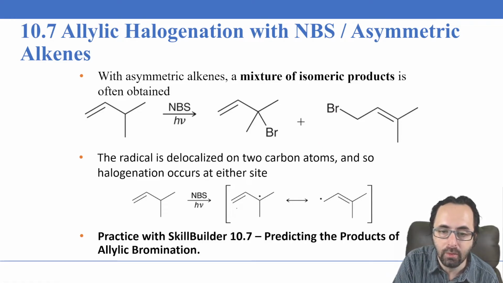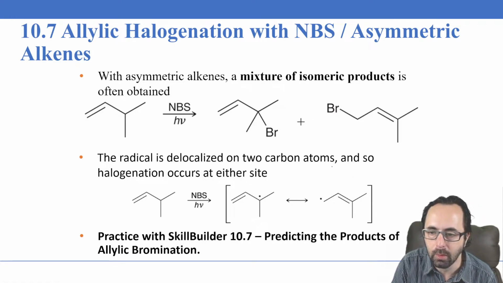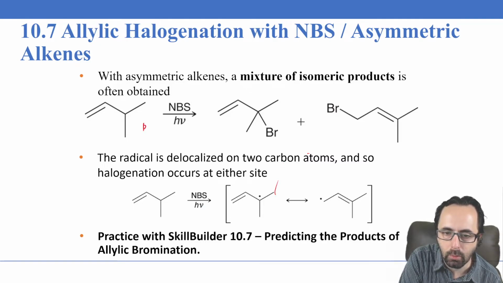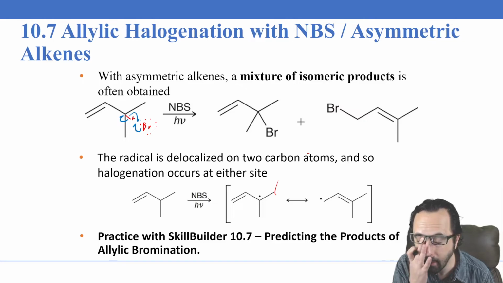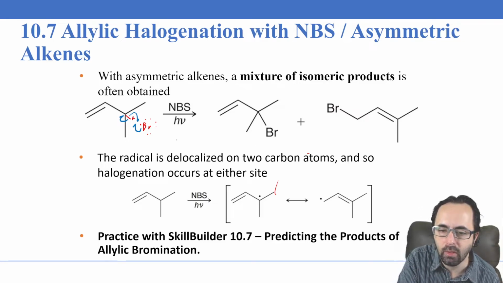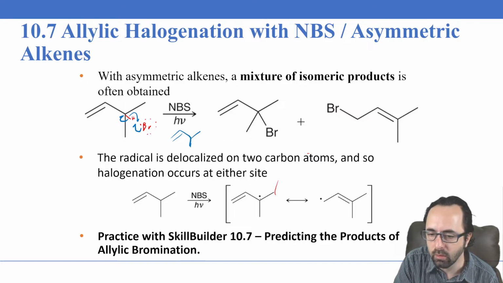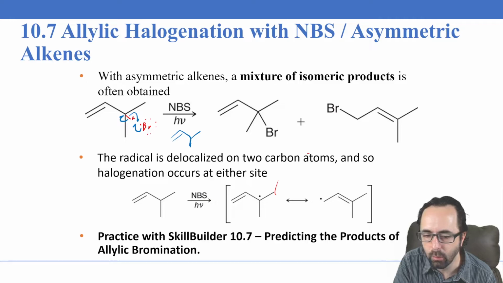I'll just draw the bromine atom for the NBS here. The first step is a hydrogen abstraction. We get a bond with the hydrogen here, and that leaves the radical right there. And so we end up with this.